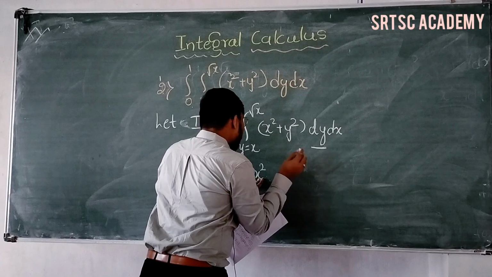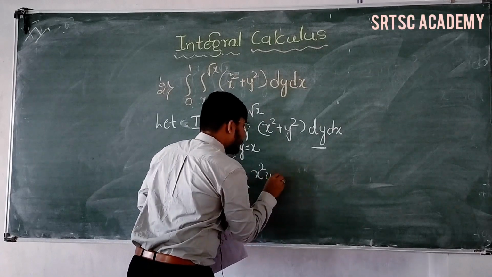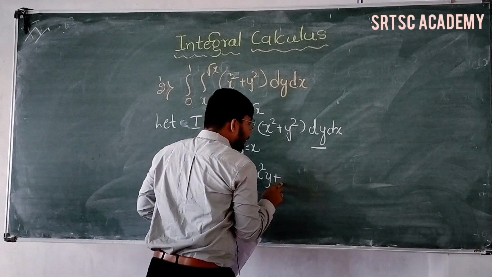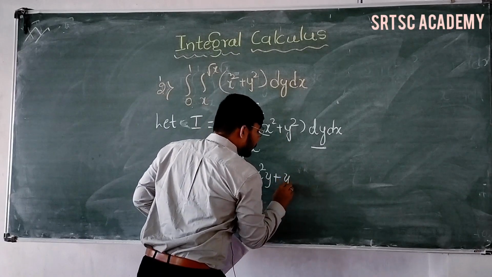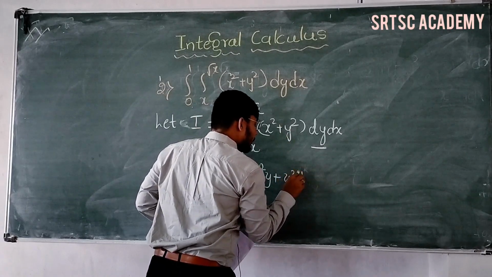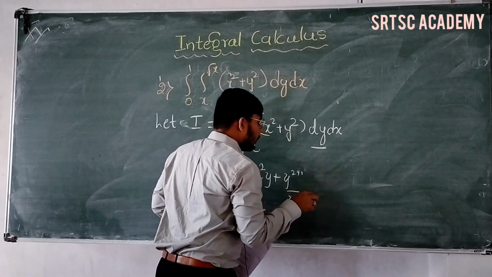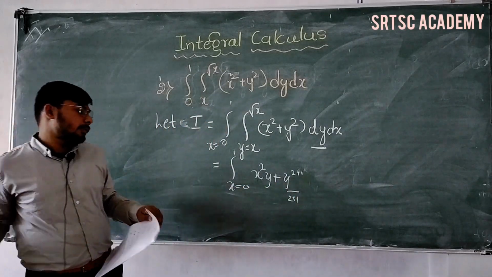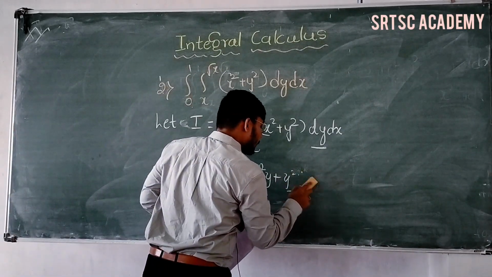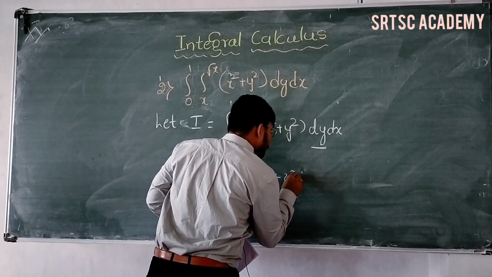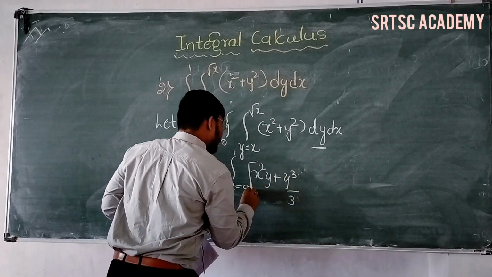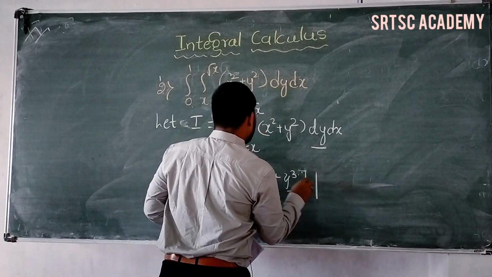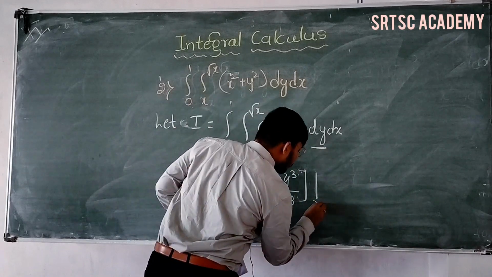So integration of dy is y plus y square. We know y square is y to the power 2 plus 1 divided by 2 plus 1, that is y cube by 3. Writing here only answer y cube by 3. Okay, integration over, apply the limit x to root x.